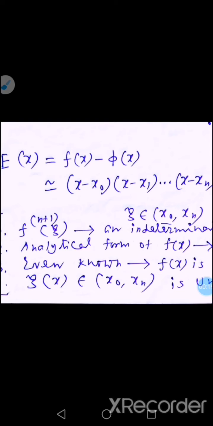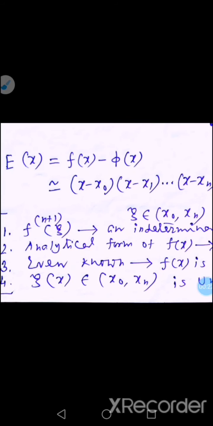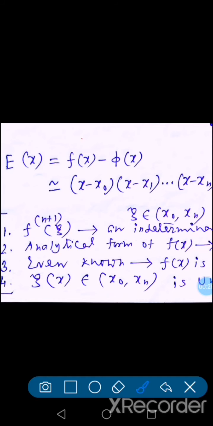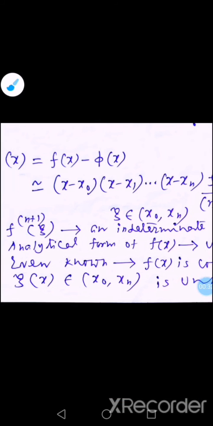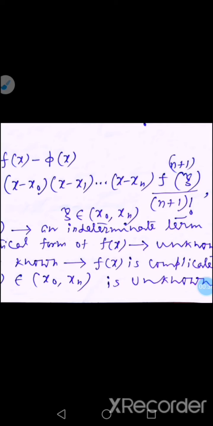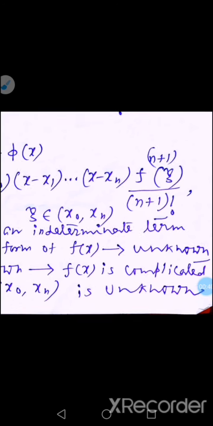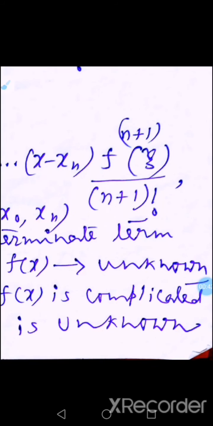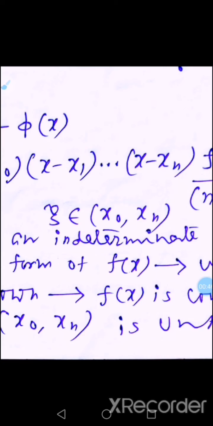We know the remainder term or error term in the interpolation formula is E(x) equal to f(x) minus phi(x), which is approximately equal to the product of (x minus x naught), (x minus x1) up to (x minus xn) into f^(n plus 1)(xi) divided by (n plus 1) factorial, where xi belongs to (x naught, xn).